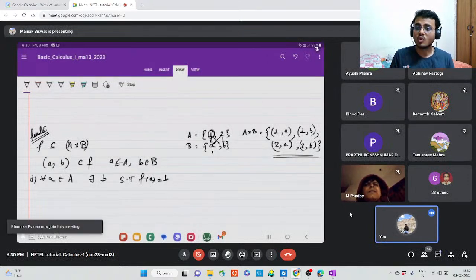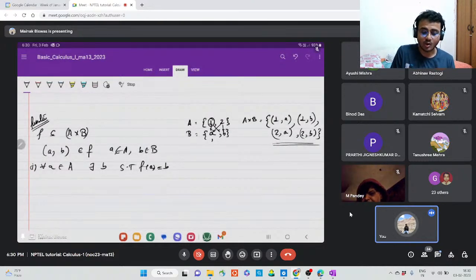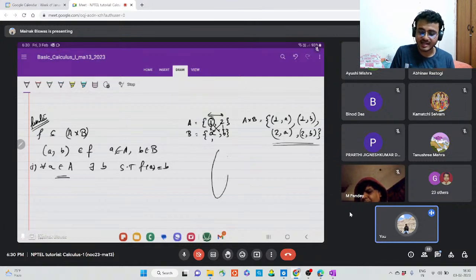And what conditions must it hold? The first condition is that for set A, all these elements must be there in f. So for all a, if I draw a set diagram, say you have 1, 2, 3, three elements in this set. Let us draw 4.